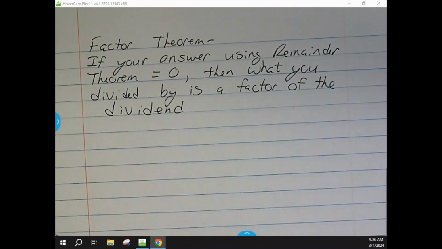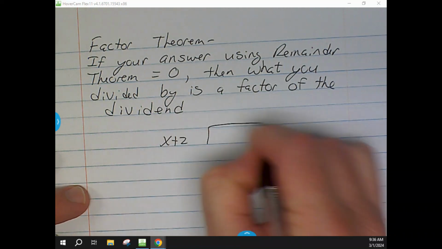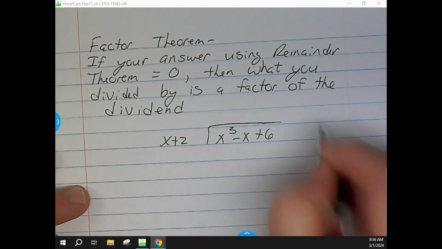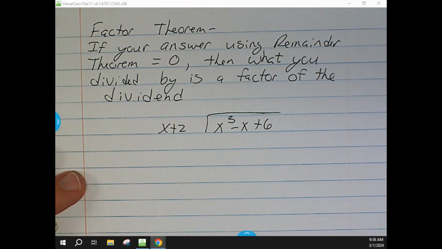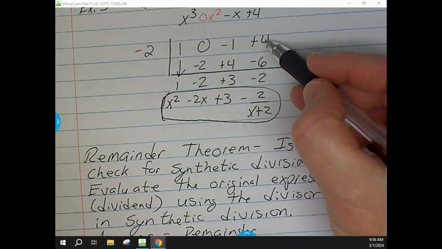So basically, if we were taking x plus 2 and dividing it into x to the third minus x plus 6, we knew that this was going to be -2. If this is a positive 6, it's 6 minus 6. This will make this a 0.